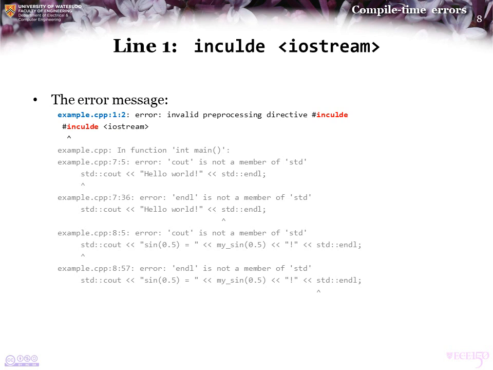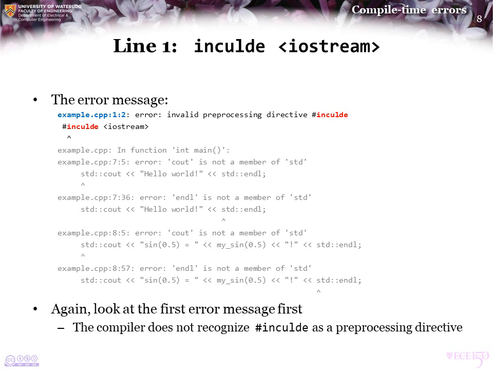In this case, if we misspell the word include, then the error message is quite straightforward. This is an invalid pre-processing directive. You'd think it suggests that you probably meant include, but it's just pointing out, I don't know what this directive means, please fix it.